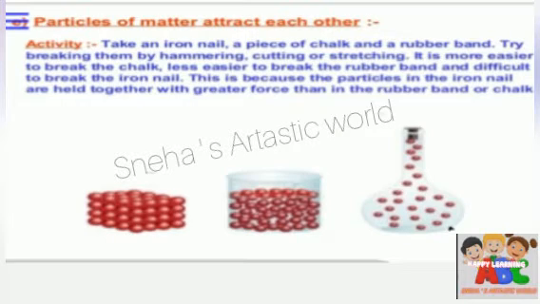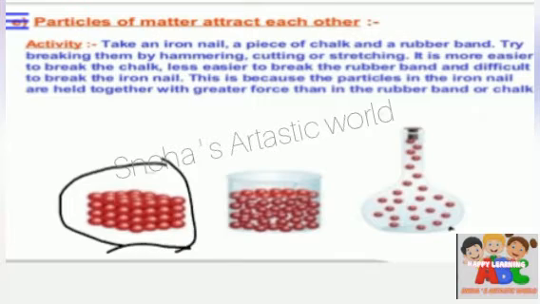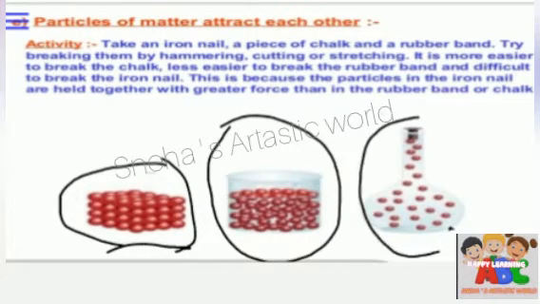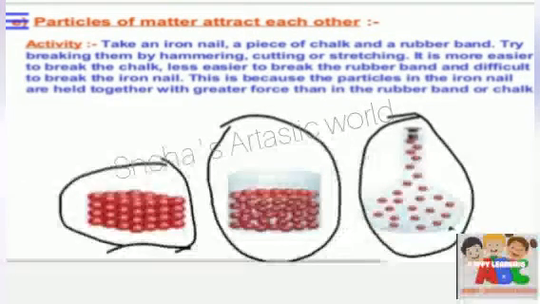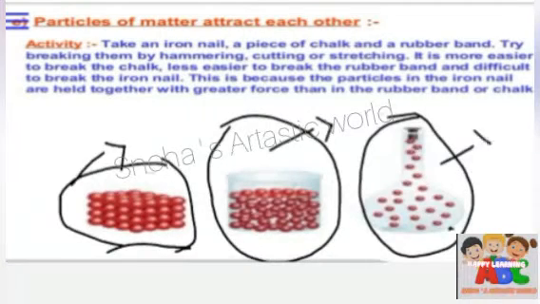How can I tell? You can look at solid particles, liquid particles and gaseous particles. What do you find? You find the solid particles are very close to each other, liquid particles have a little bit of space between them, and gaseous particles are very far away from each other.